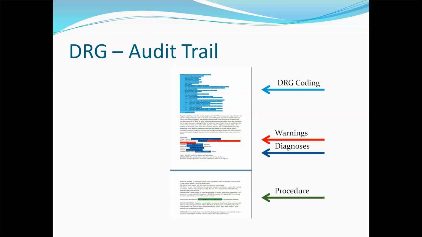In this particular note, the diabetes was not defined to its most specific state, so a warning came up. That's pretty much DRG coding. It's very straightforward and very accurate.